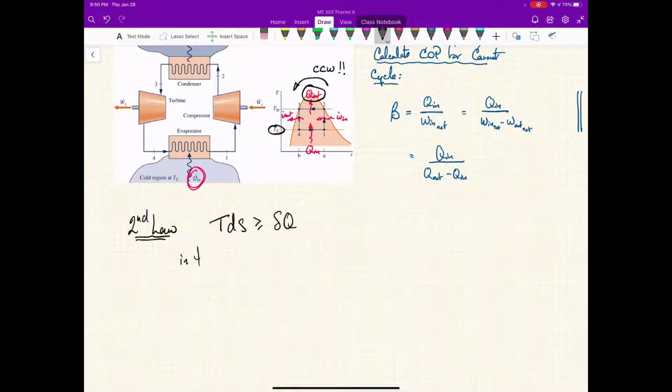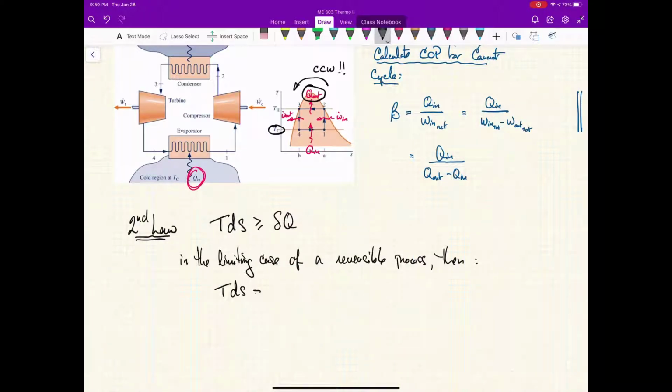And in the limiting case of a reversible process, then that inequality turns to an equality.